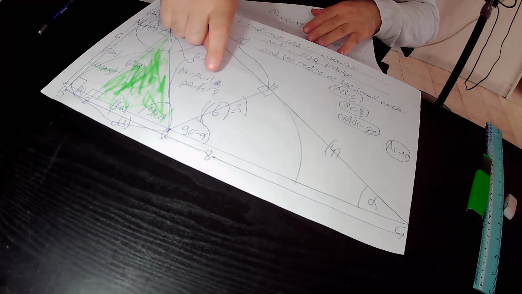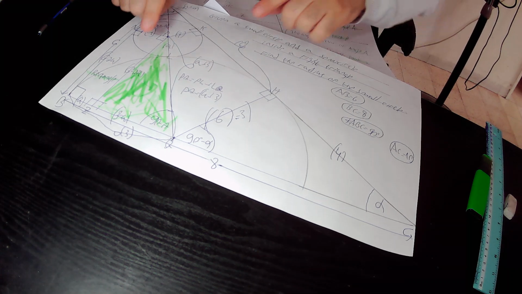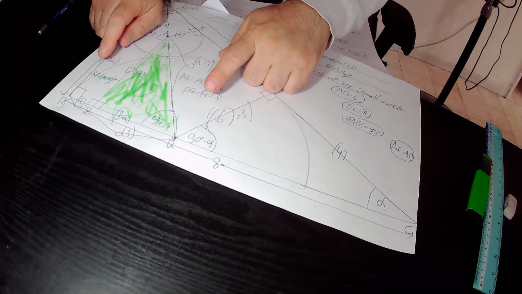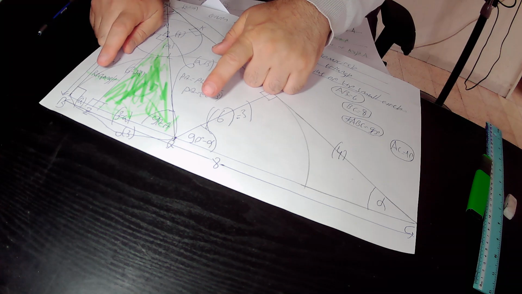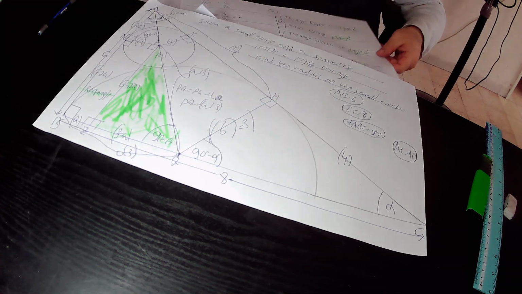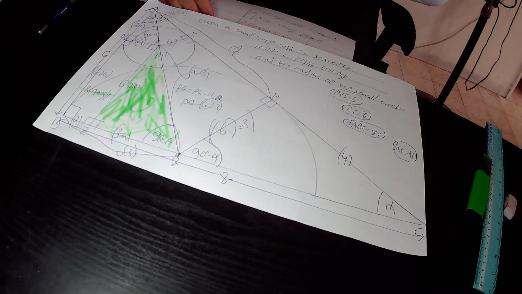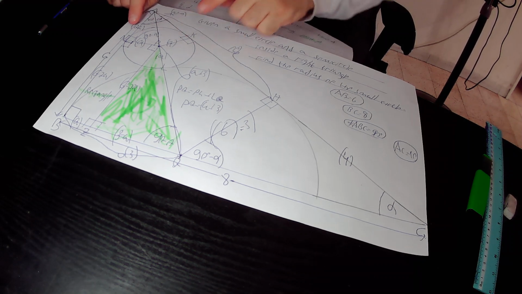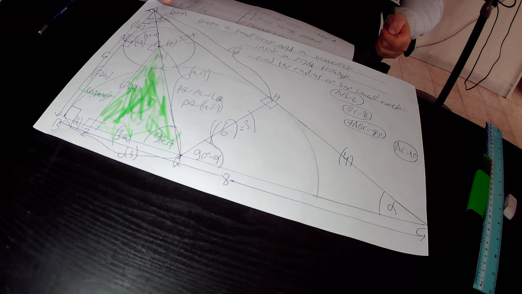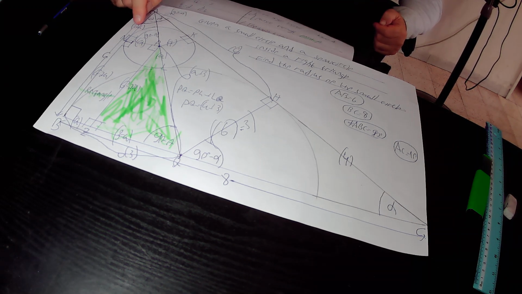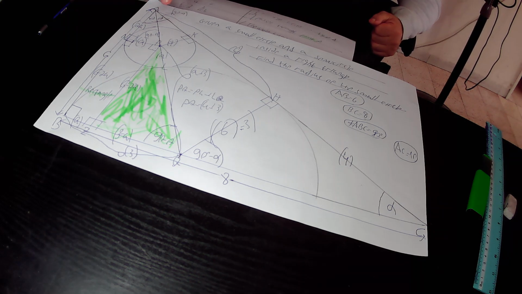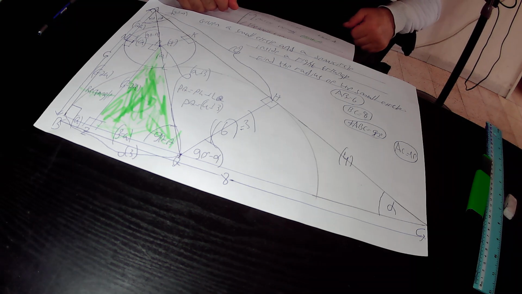So QH equals 3, and QB is also the radius of the big semicircle, equal to 3 units in length. In the next step, we join points P and N together by a straight line. Point P is the center of this small circle, point N is a point on the small circle itself, therefore PN is the radius of this small circle. Let's say A is the radius that we're looking for in this question.